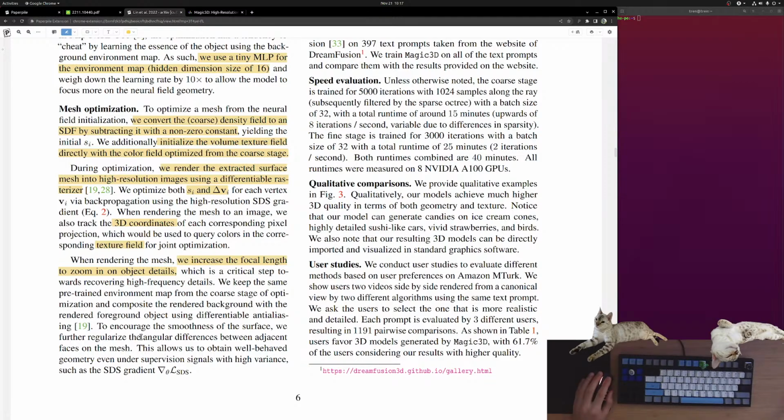"To encourage the smoothness of the surface, we further regularize the angular difference between adjacent faces on the mesh."